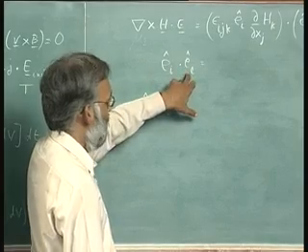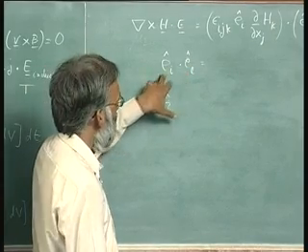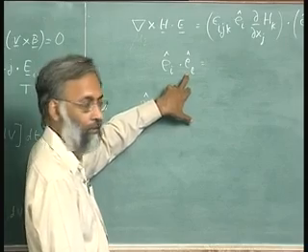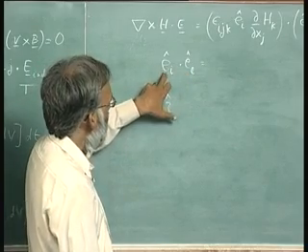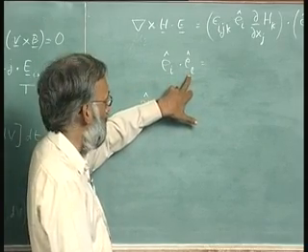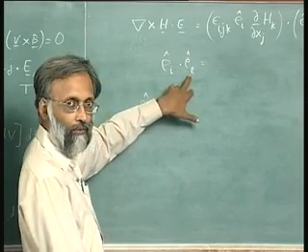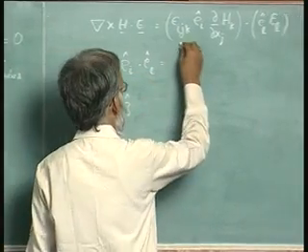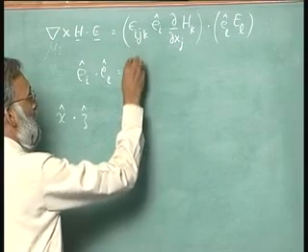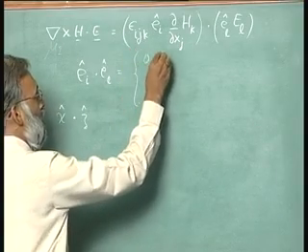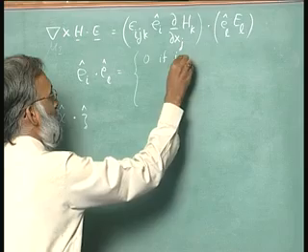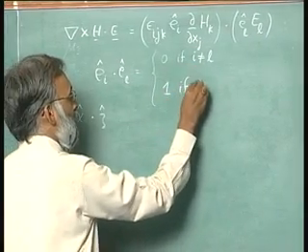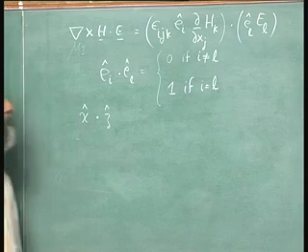X hat dot x hat is 1, but x hat dot y hat is 0, x hat dot z hat is 0. Similarly, y hat dot x hat is 0, y hat dot y hat is 1, y hat dot z hat is 0. So, I can write this as equal to 0 if I is not equal to L, and equal to 1 if I equals L.